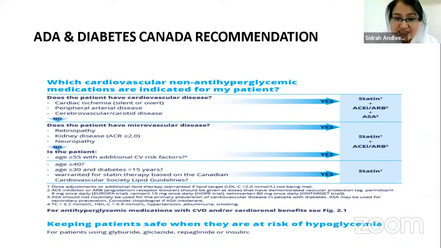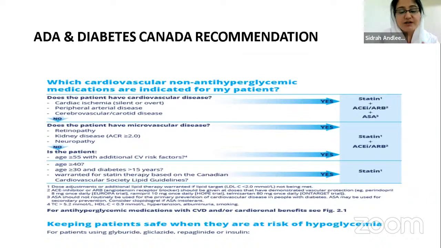Now for the statins, important. For the statin therapy, atorvastatin, rosuvastatin, medications like that: any patient with diabetes and more than 40 years of age, add a statin into the therapy, right? It has mortality benefit.